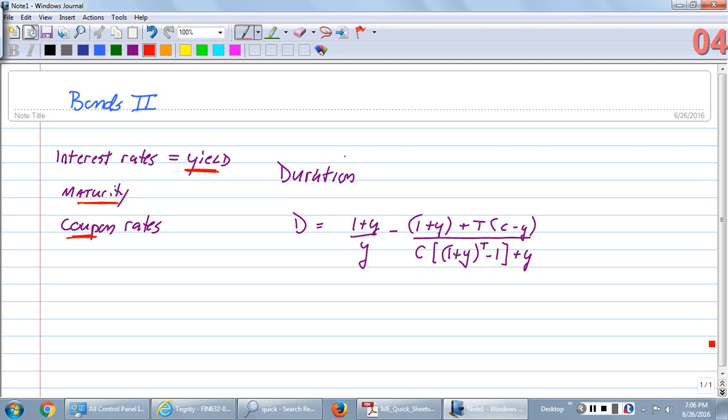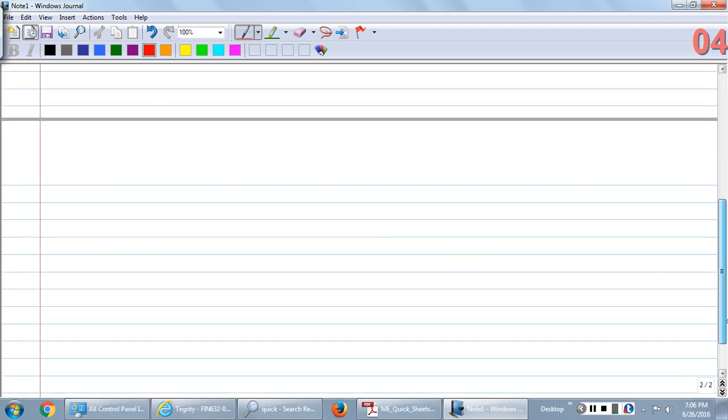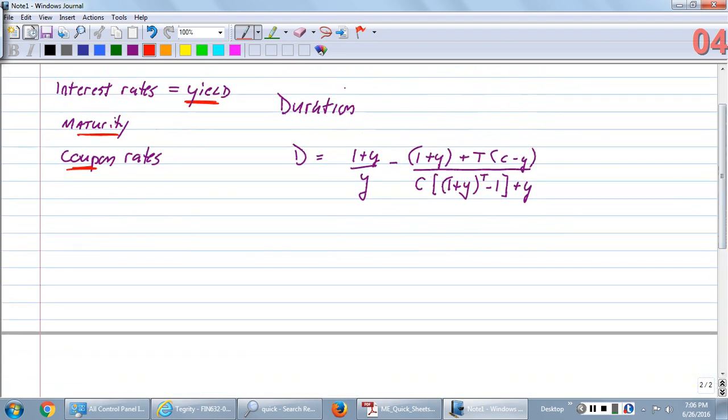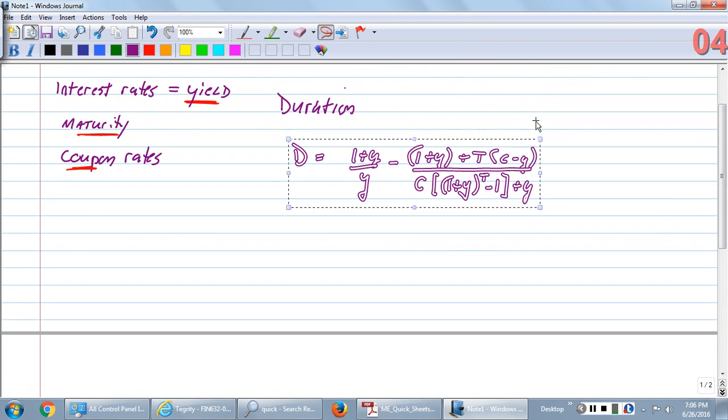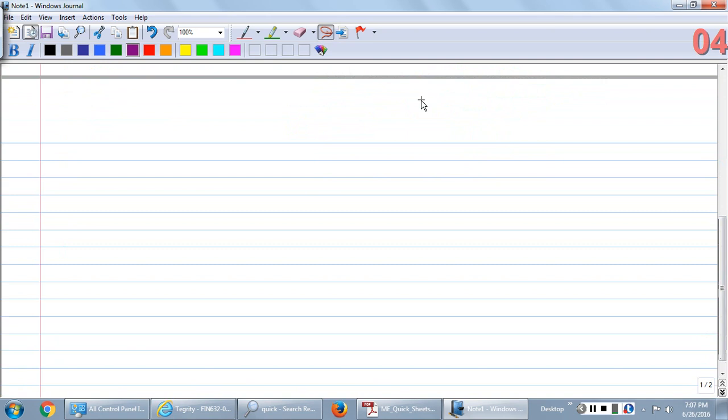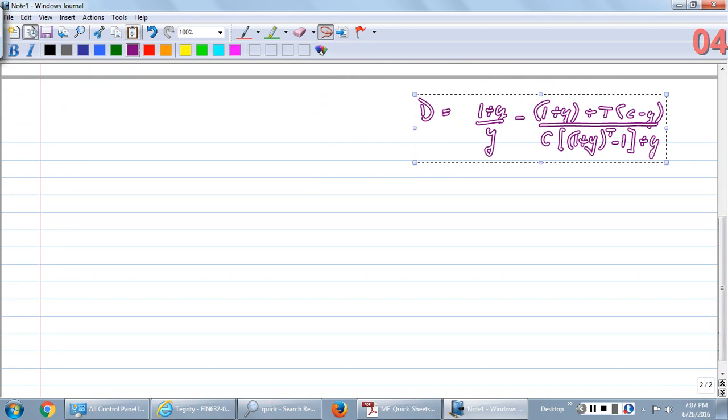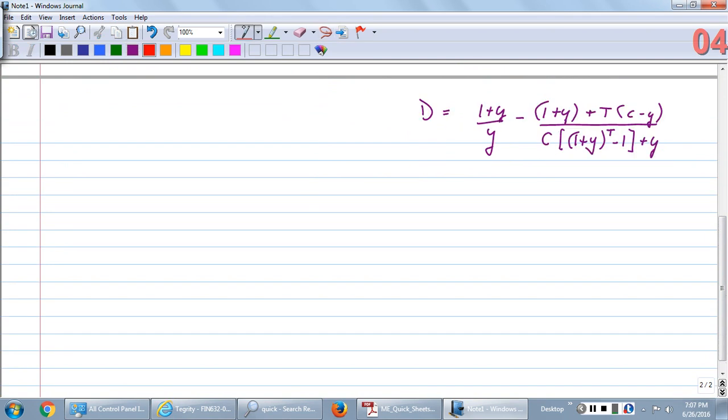All right, so I'm going to give us a problem here to work. I'm going to run through it here. You write down or grab this formula and copy it to this next area. Here are our inputs. Let's take a bond that has 30 years until it matures.